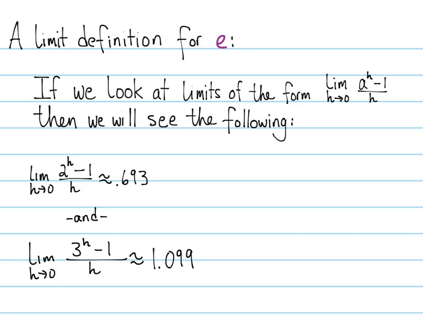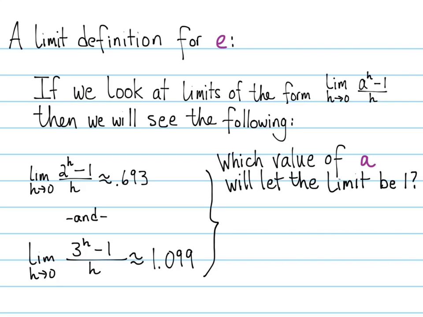These are limits you can compute, and we'll see exactly what they are later, but we can see that one of these is less than 1 and one of them is bigger than 1. So we're curious, what would you want to put instead of 2 or 3 so that the limit was exactly 1?